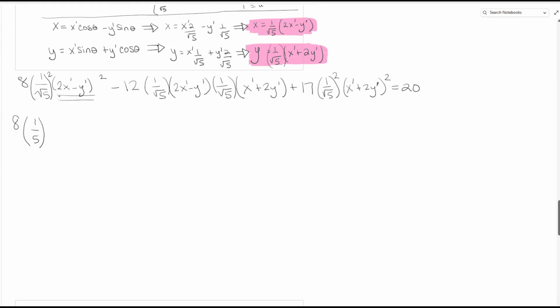This, having this squared, if you go on the side and do that, you will get 4x prime squared minus, well, if you had two of them and you were distributing, you would get a 2x prime y prime and another 2x prime y prime, and they'd both be negative.